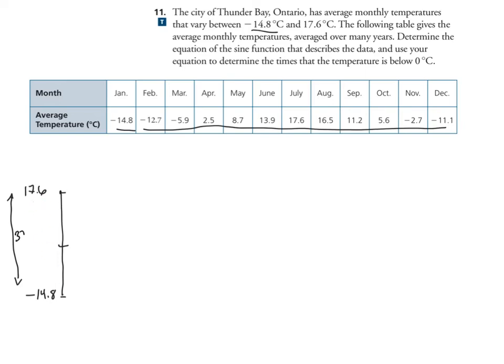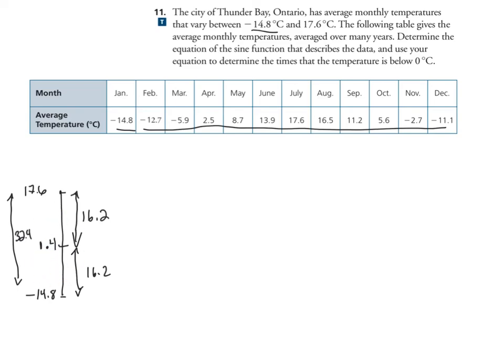So 32.4 total. So halfway is going to be 16.2, which means that the middle is going to be at 1.4 degrees. Ooh, that's awful.